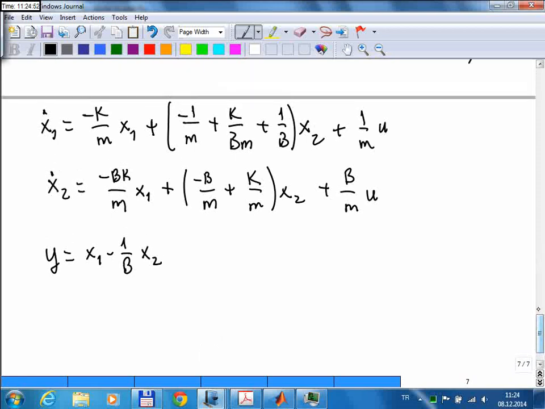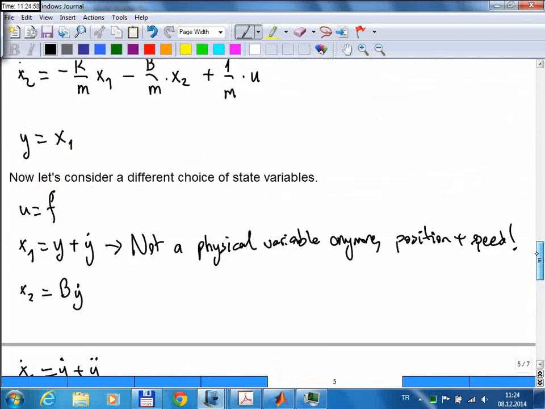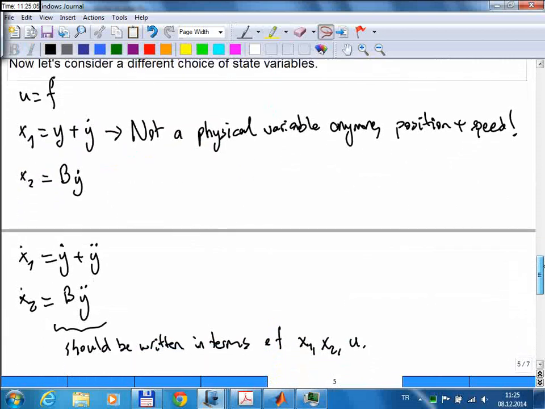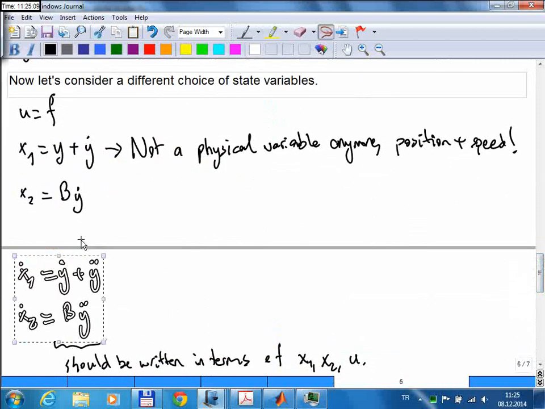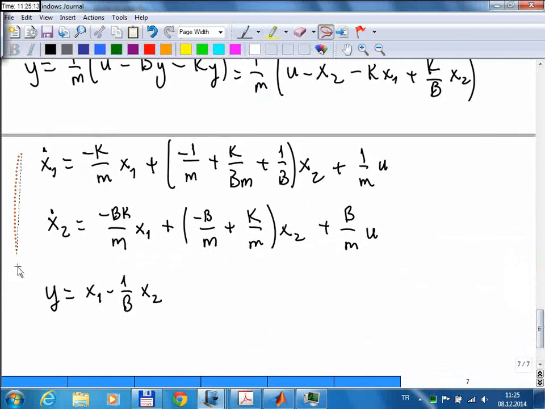So as you can see, the equations we obtained are quite different. The first set of state equations were these equations, and then the output equation was this one. But if we choose the state variables in a different way, then these state equations become these equations you see here.